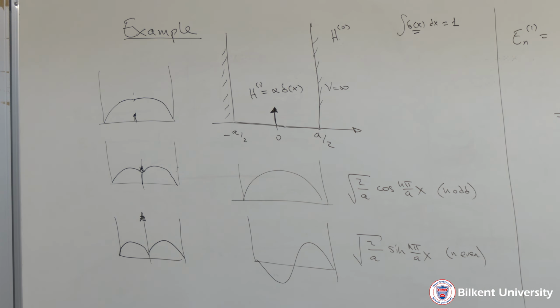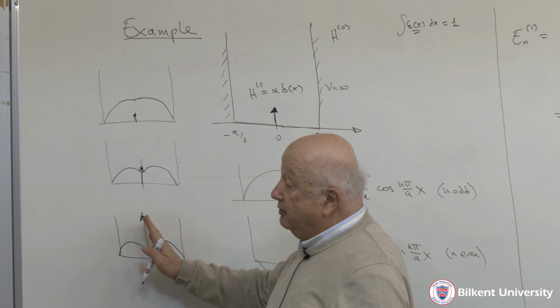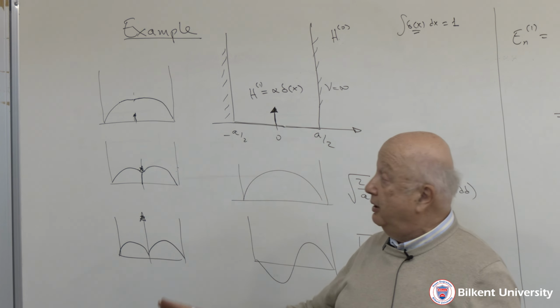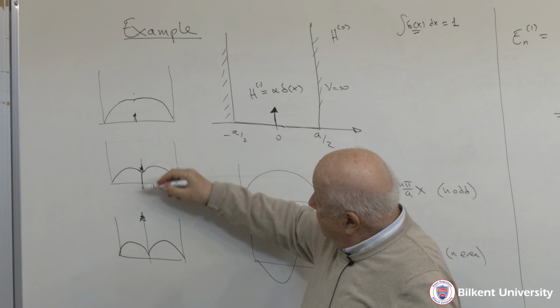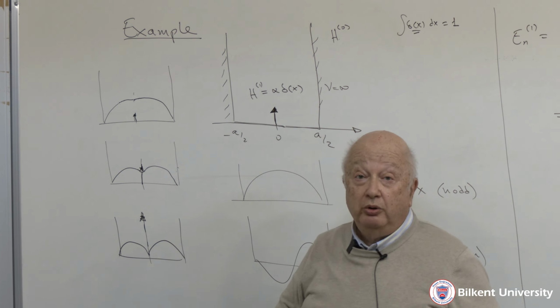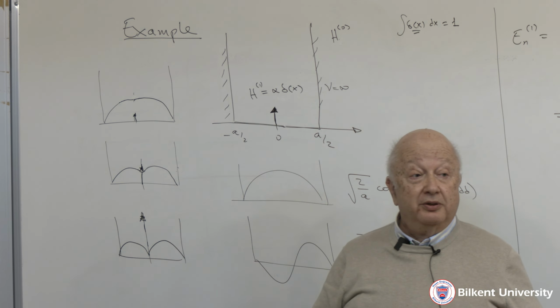Okay, let me talk to you about something, because this is an interesting problem. This is not related to perturbation theory or anything, but suppose I have this box, and then I put a separator in between, like this. Suppose I take this delta function separator, a wall, and build up this wall so that the wave function is separated into two pieces.